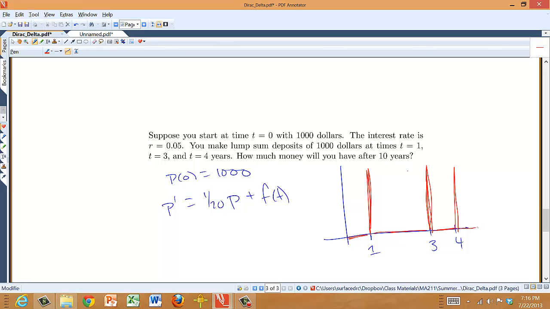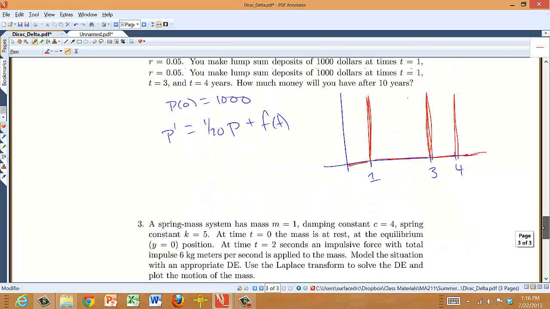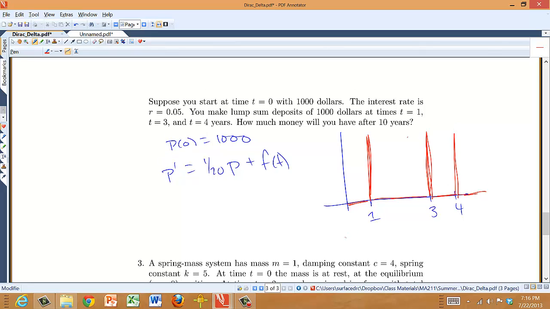So these are going to be represented with Dirac delta functions. Now, I want to add $1,000 at each of those times, so my f of t is going to be 1,000 times delta t minus 1, plus 1,000 delta t minus 3, plus 1,000 times delta t minus 4.